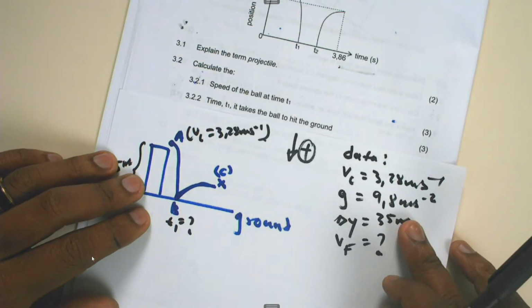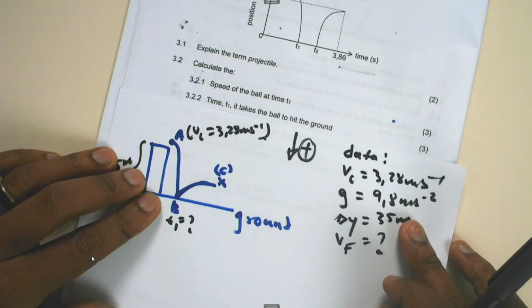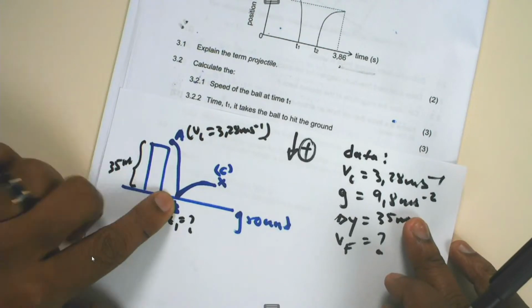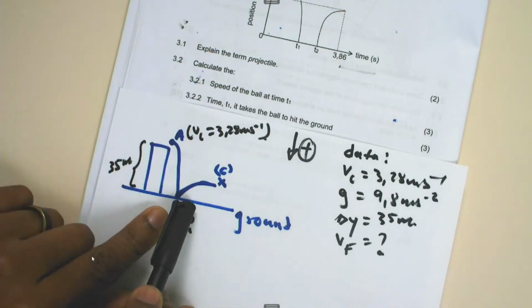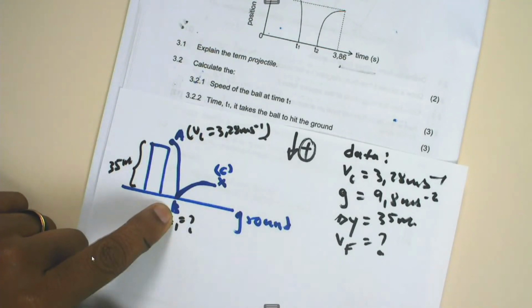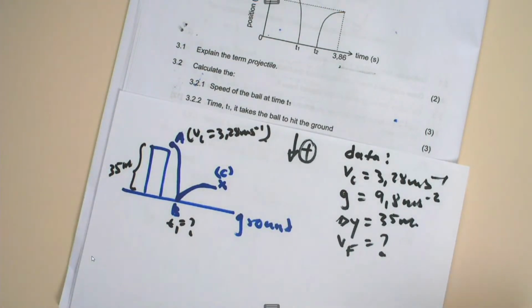Thereafter, it says calculate the time taken for the ball to hit the ground, T1. So I'm also looking at AB, you see. The trajectory indicates to me which part of the motion I am looking at.